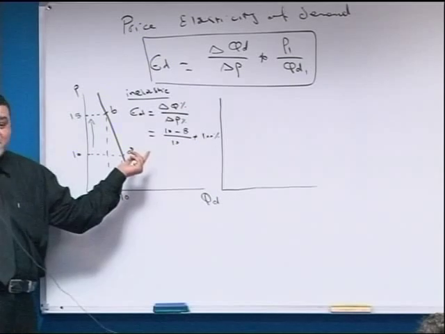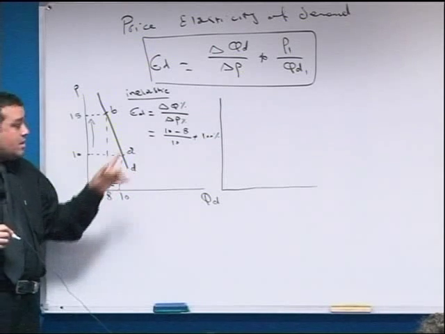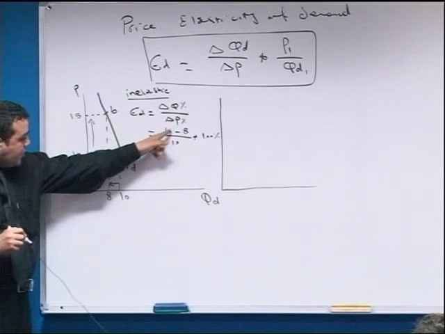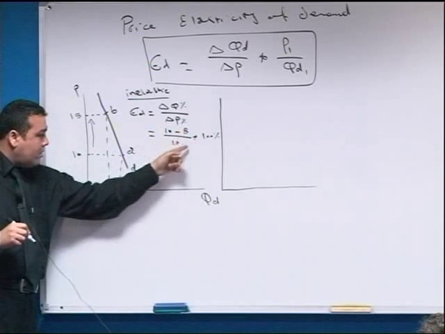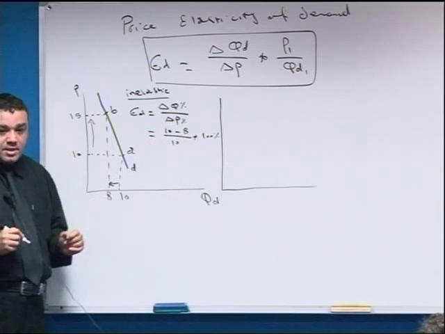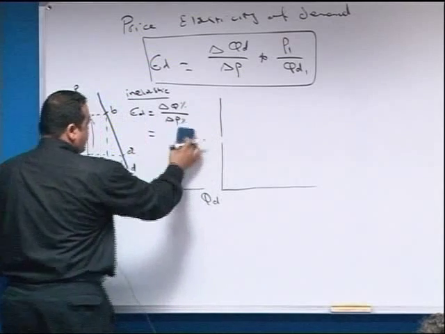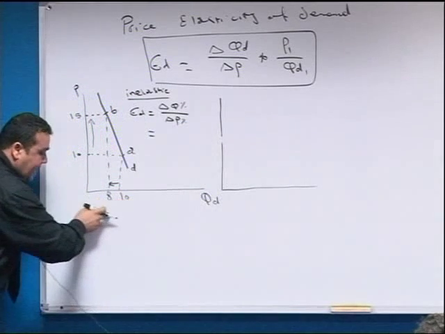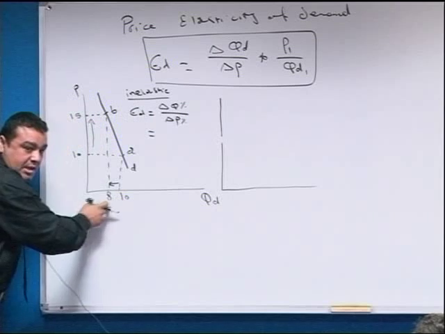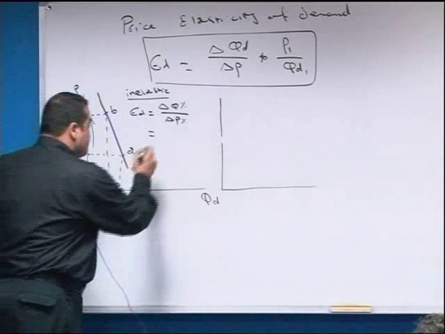This is the change in the quantity demanded. Yes, the new minus the old over the old one, right? Or in general, we can calculate it directly. The reduction from 10 to 8 equals 20%.